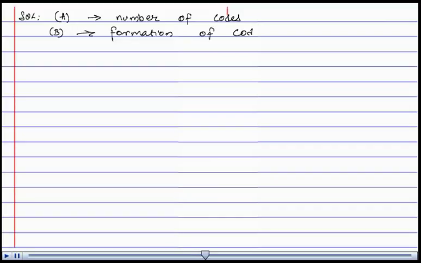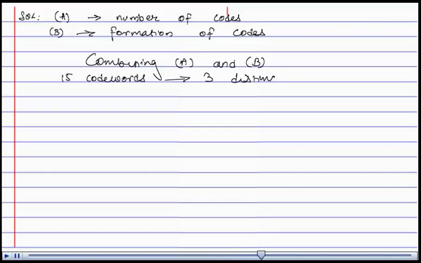But combining A and B, we have 15 code words that can be formed using exactly 3 distinct symbols by arranging all possible distinct arrangements of one or more symbols with no repetition.